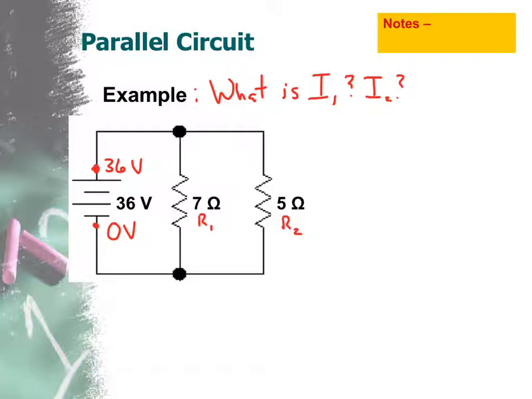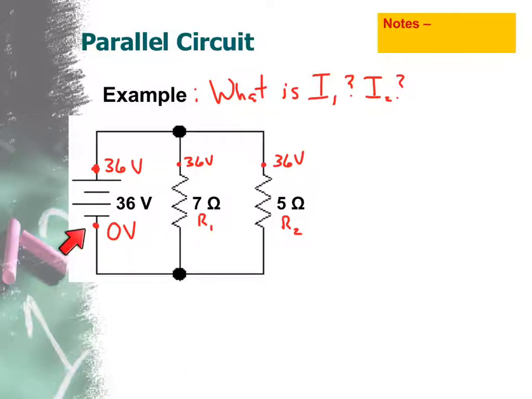Now, applying one of my basic rules of circuits, I know that in a continuous piece of wire, the voltage anywhere in that piece of wire has to be the same. What that means is that the voltage on this side of this resistor is 36 volts, and the voltage on this side of the resistor is 36 volts, because they are both connected continuously through a wire to this side of the battery.